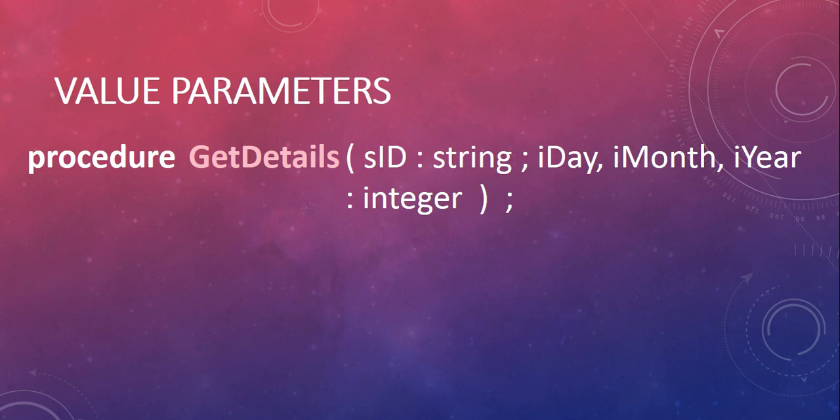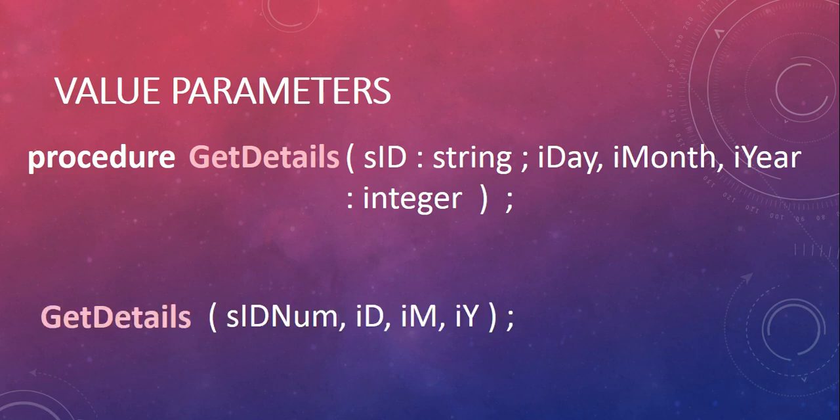So the first 2 characters would be the year, the next 2 would be the month, and the next 2 would be the day of that birth date. And we created a function in a previous example of getting the month and sending back what that month was, if it was January. But let's say we have a procedure here, and we're going to call it like this.